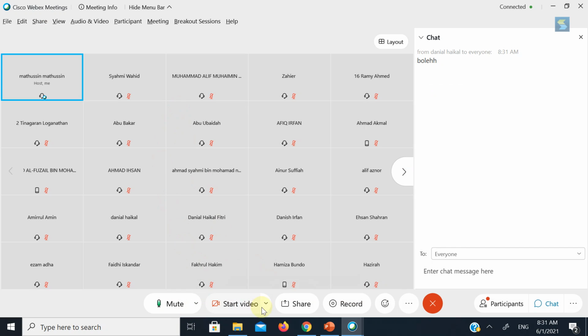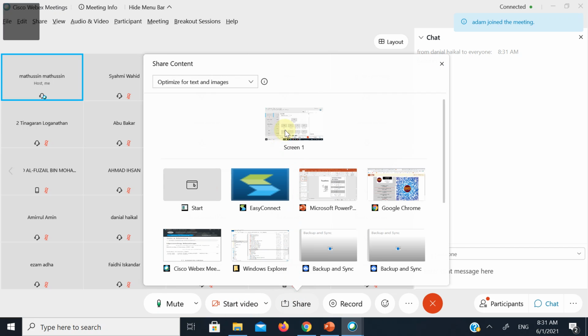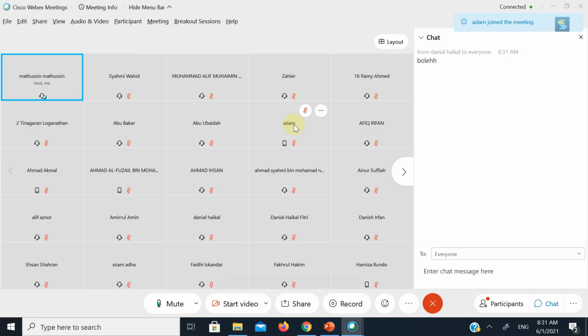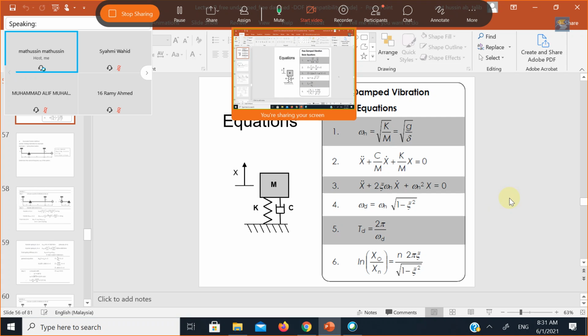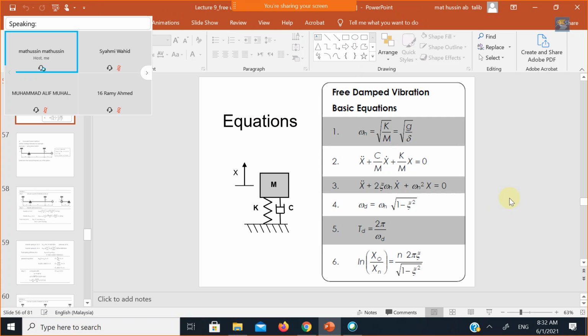So basically we have another 2 topics that we need to complete, which is force damped for 1 degree of freedom, and the last topic is about double degree of freedom, which is regarding the free undamped for 2 degree of freedom.